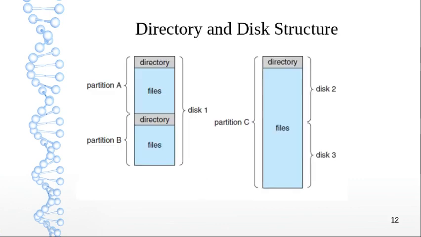Okay, let's proceed to the directory structure. Most of the time it is advisable that we partition our data. A storage device can be used entirely for the file system, or it can be subdivided for finer grain control.